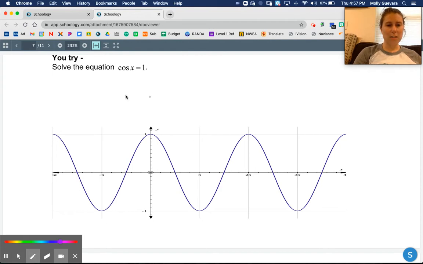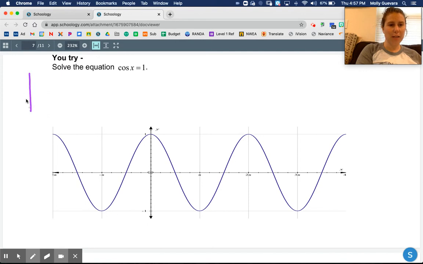Okay, so let's look. I want to know when is cosine 1. So I can think about it a couple different ways. I can do the unit circle. Remember, cosine is your x value. So cosine is 1 here at 0. But I want to know all the times that cosine is 1.